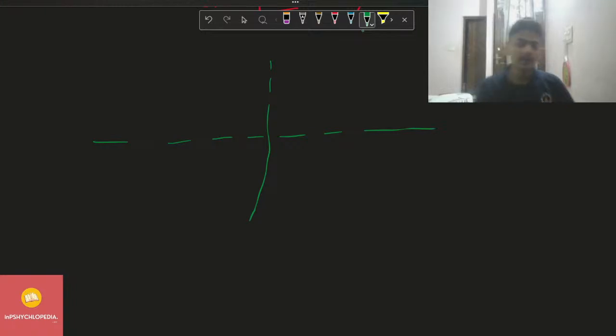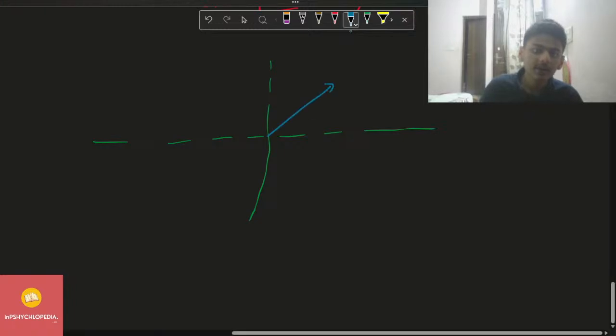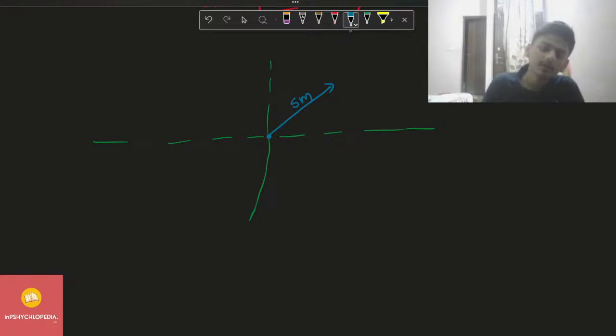So any vector, let's say this is a vector, let me use a different pen. Let's say this is a vector of 5 meter. So you are saying nothing but the displacement. Let us take the example of displacement. Displacement from point origin to point A is 5 meter, right? You can also write it in vector form through two different vectors.